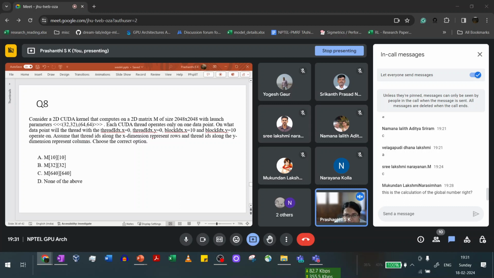Assume that thread IDs along the x dimension represent rows and thread IDs along the y dimension represent columns. So you have 2D data and 2D kernel here. Think about how you would extend the calculations in the previous question.